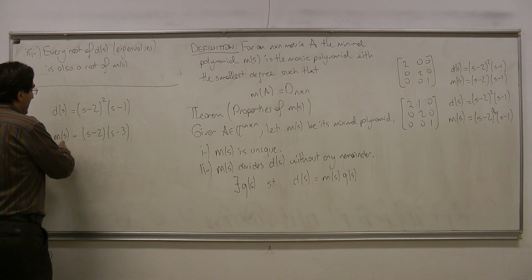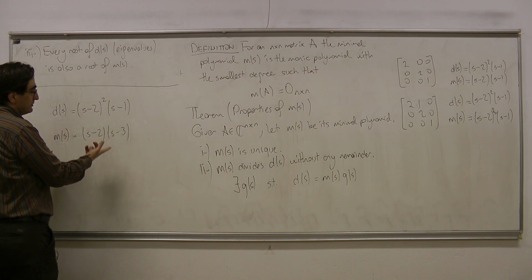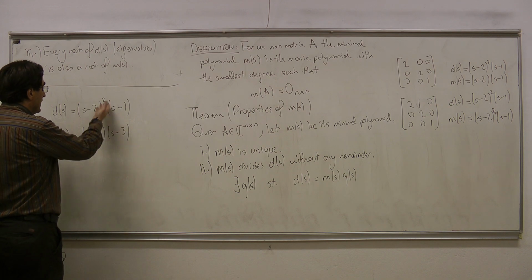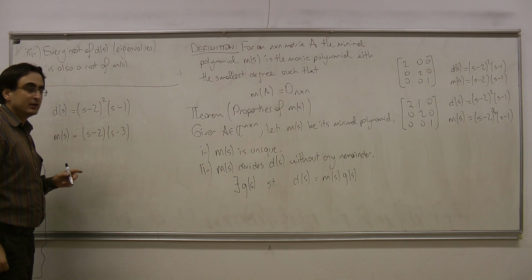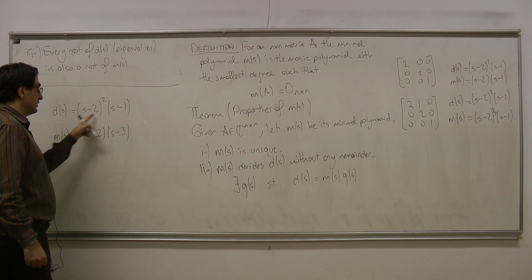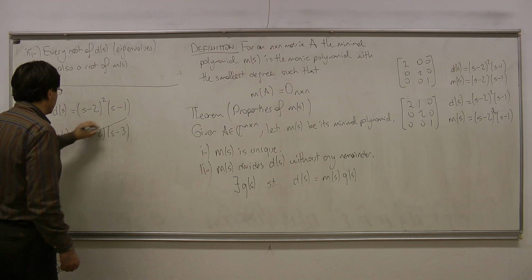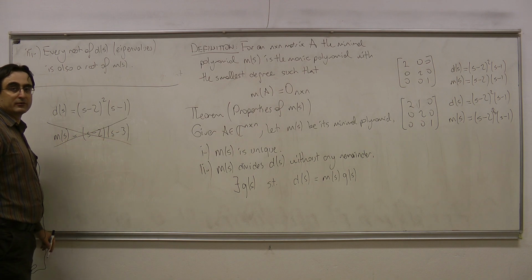Because in that case, m of s would not divide d of s without any remainder. So this s minus 3 really cannot divide this polynomial without any remainder, because this is another root than the roots of this polynomial. So I really cannot have such a minimal polynomial because of this s minus 3.